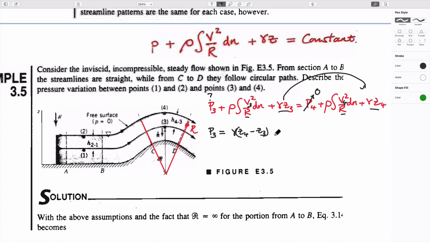And it's equal to density, plus this term here, which is density multiplied by this V4 squared term over R dn, minus density integral V3 squared term.